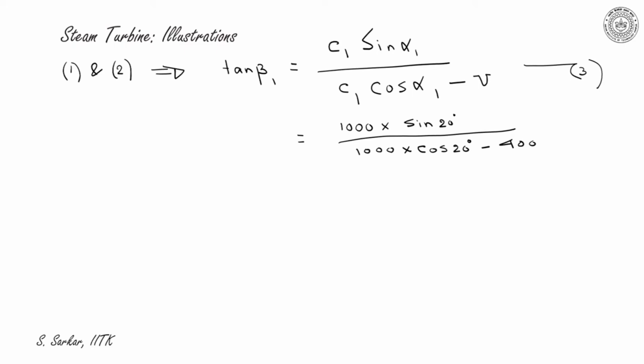So one can solve beta 1. I have solved it and got the value of beta 1. Please check the numerical value: 32.36 degree. So this is the value of beta 1, that must be equal to beta 2.